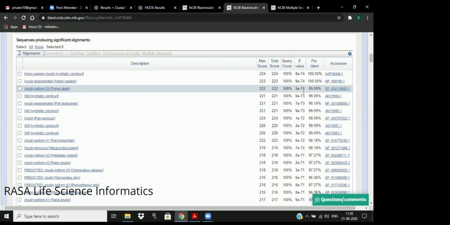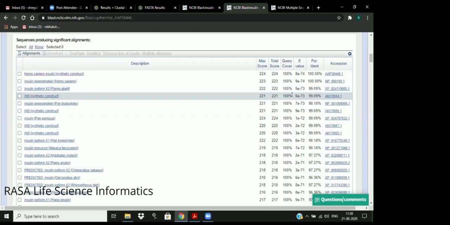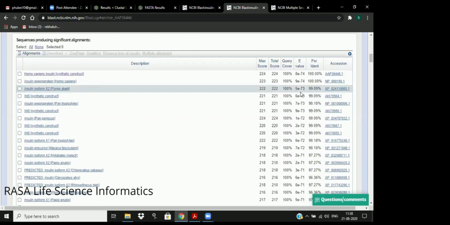Okay. So this means that if your query and the subject share an E value closest to 0, it means that the data will be more significant, because no other sequences are having similar scores.